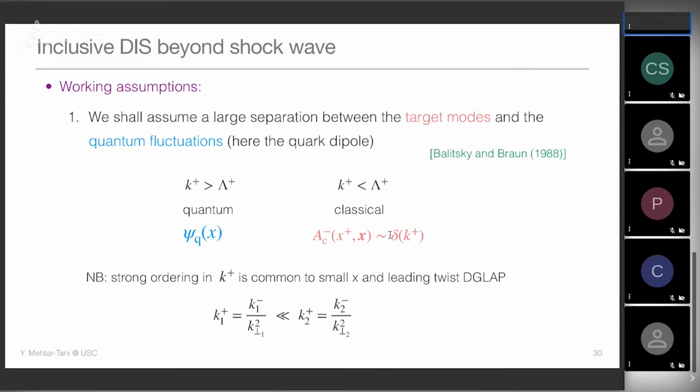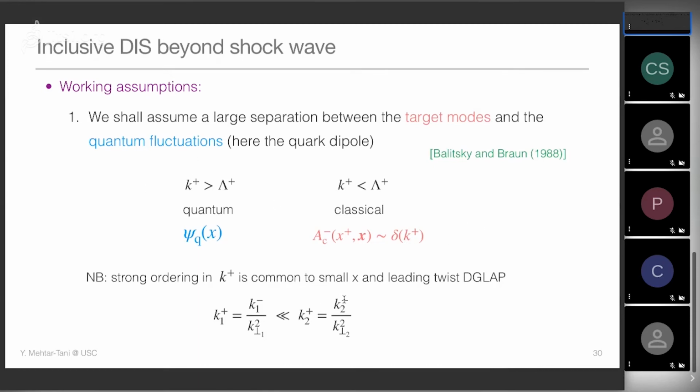And technically, because of this approximation, the A minus won't depend on x minus, and this is simply reflected in Fourier space by a delta function in k plus, meaning that the k plus transfer with the target is negligible.